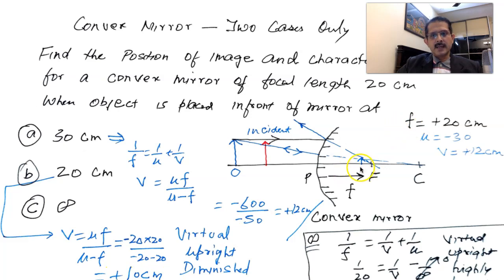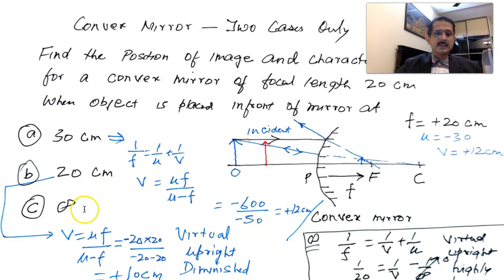So basically, if it is 30 centimeter, then image is here, and if it is 20 centimeter, it would be somewhere here, and the earlier image distance was 12, and the new image distance from the pole would be 10 centimeter. Image has the same characteristics: virtual, upright, diminished.